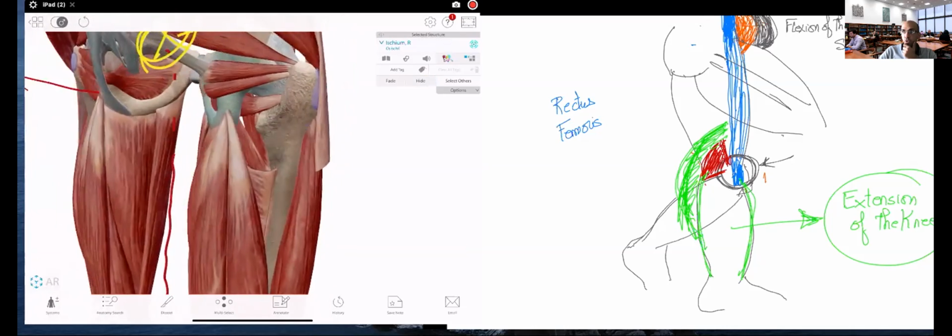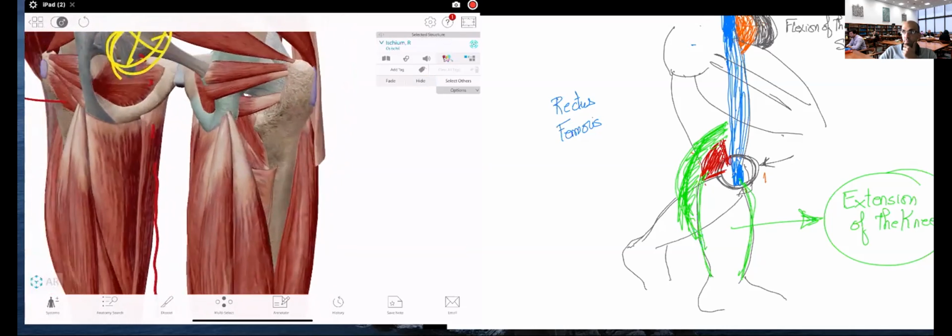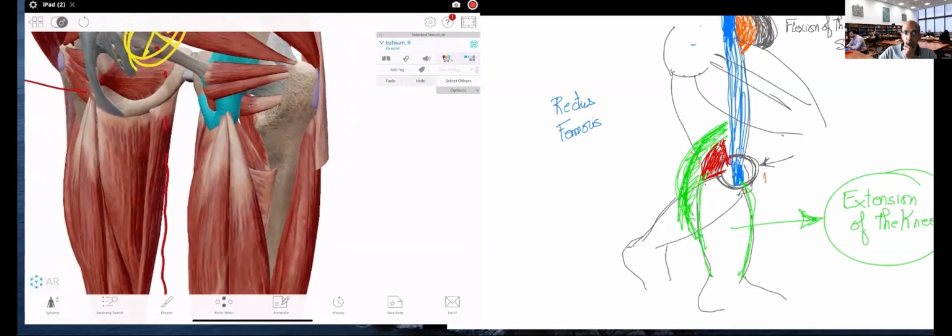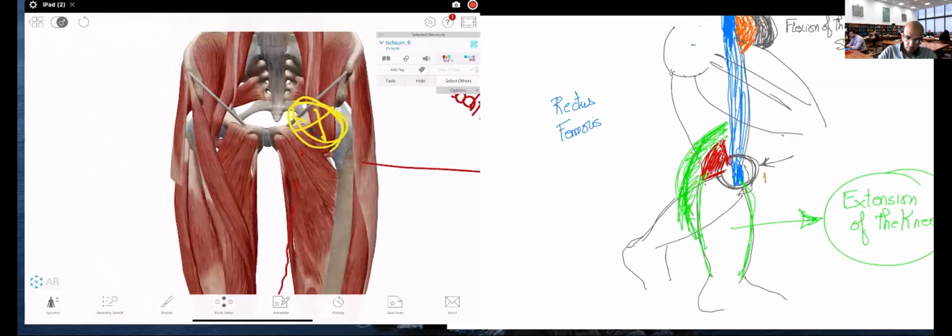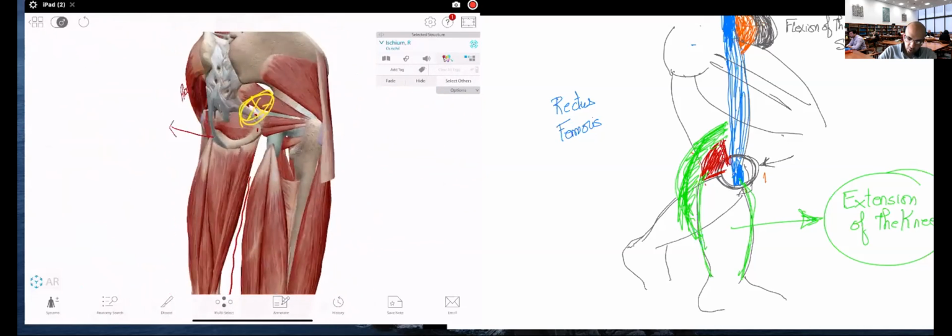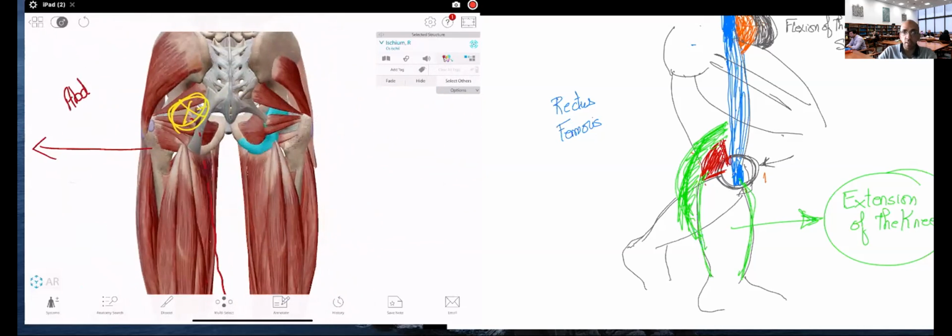That they get their origin from. Can you imagine what we're looking at in here? Remember the part that we're sitting on? This is the pubis in the front. The part that we're sitting on right now is going to be the ischium, right?